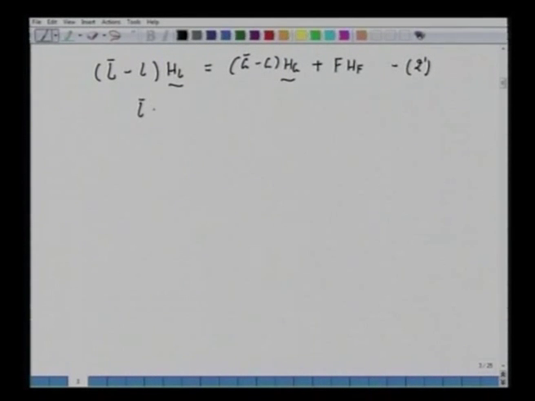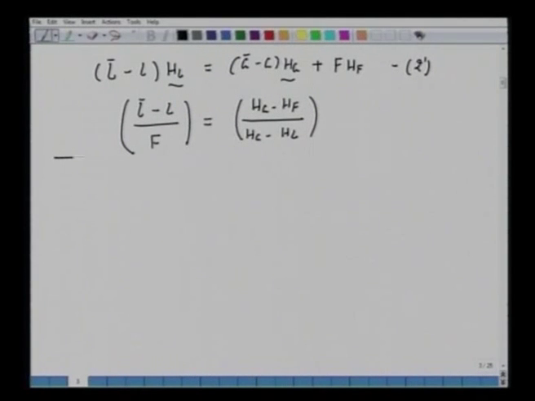And then equation first and 2 bar we can write as L bar minus L. We divide same as Hg minus Hf over Hg minus HL. So we have this ratio. So let's look at this feed plate. We have F, we have L, we have L bar, we have this G, and we have this G bar.